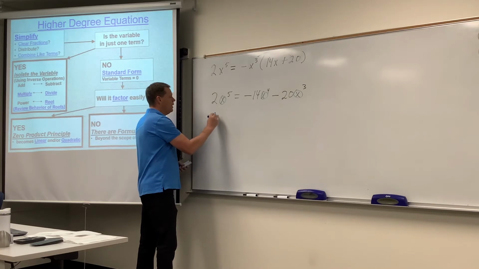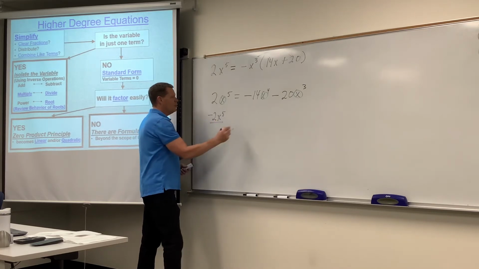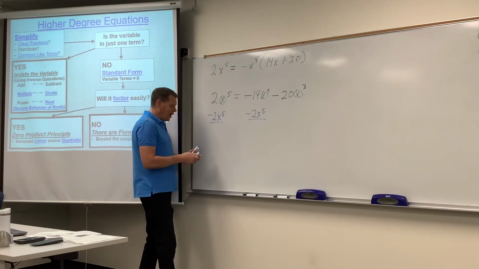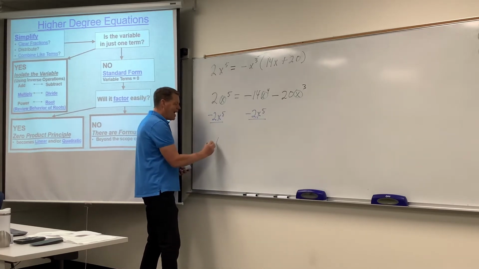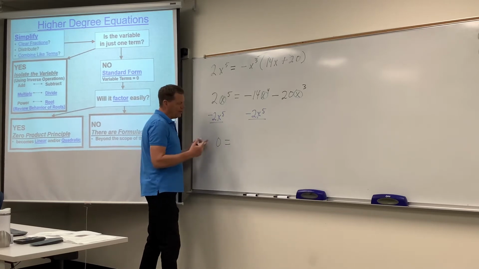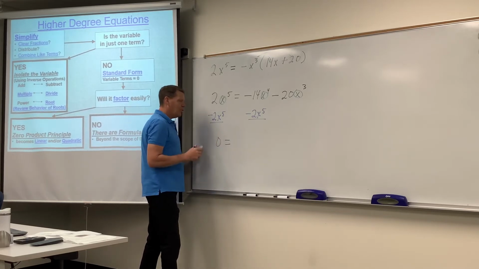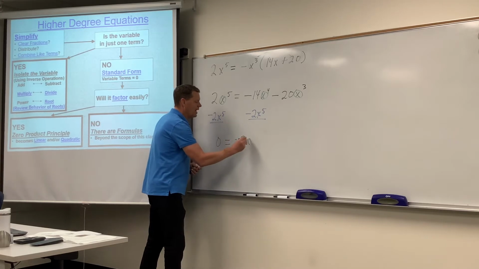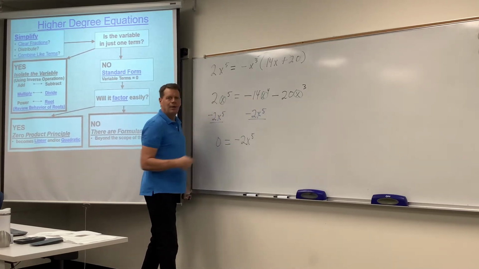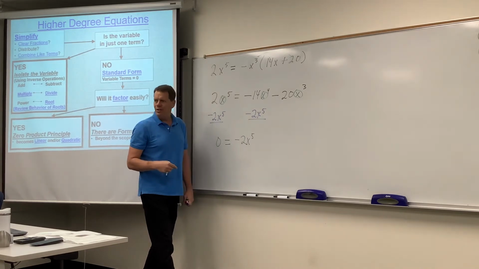So, if we were to subtract this negative 2x to the 5th power over to the other side, the point to keep in mind is it really doesn't matter what side we get the 0 on. All right? It can be on the left, it can be on the right. The main point is to get every term on one side. What would happen if I moved all these over there? Well, good question.